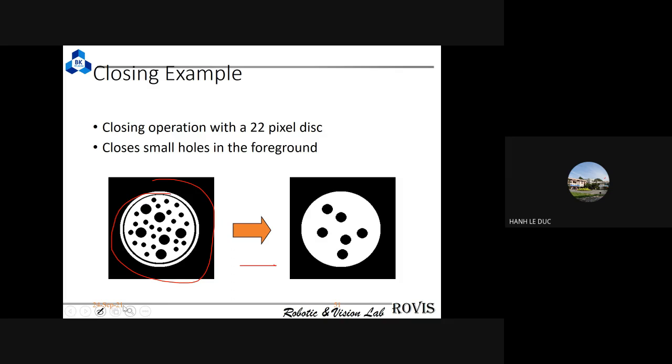Yes. Right, I subtract, and then I will have the small hole here. So what I want to say here is you can do the subtraction or addition in this binary image.